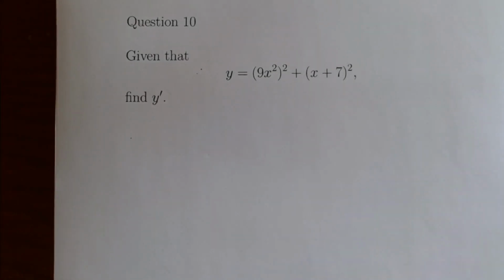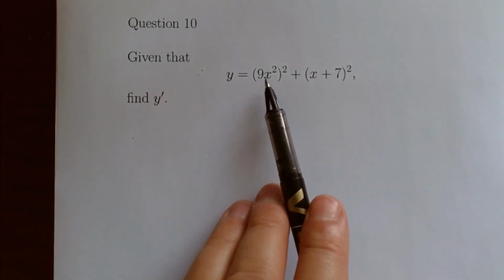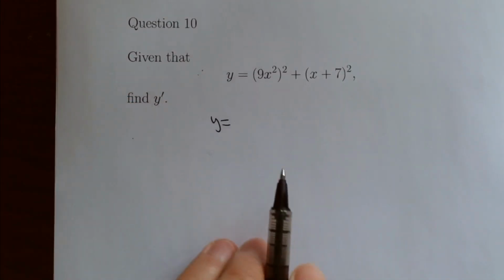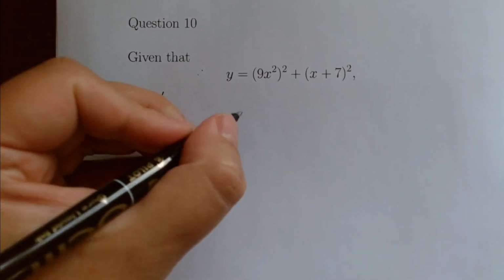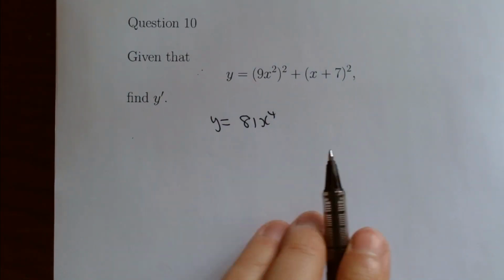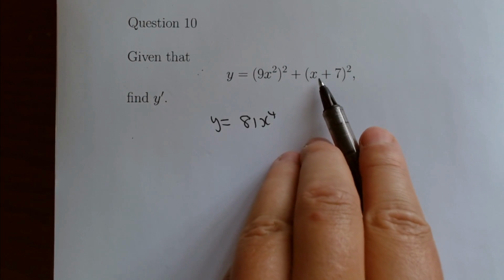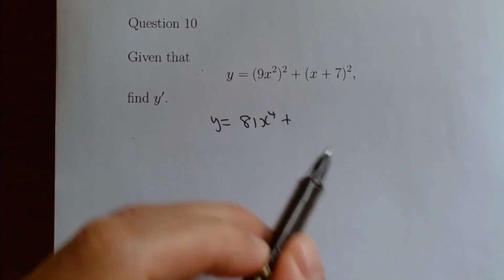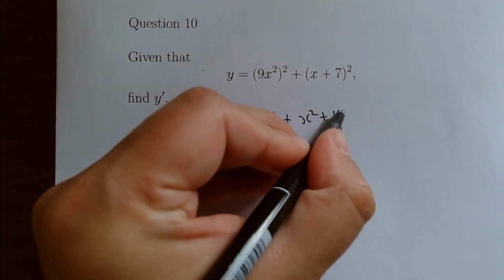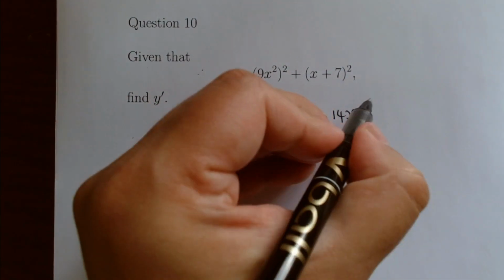Okay, question number 10. We begin by expanding both brackets. So that becomes 81x to the 4. And this double bracket, we can expand this, should become x squared plus 14x plus 49.